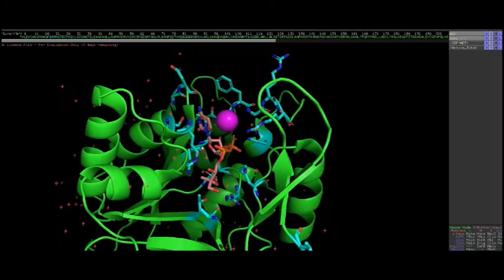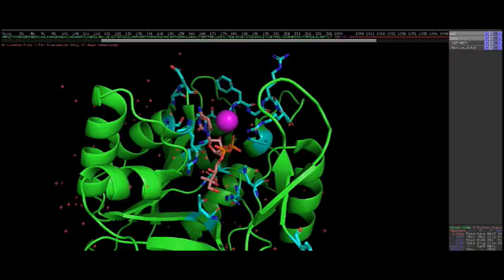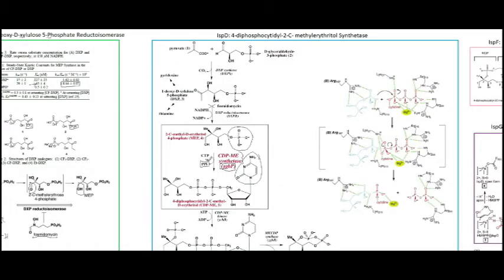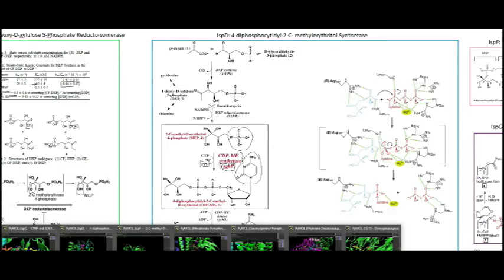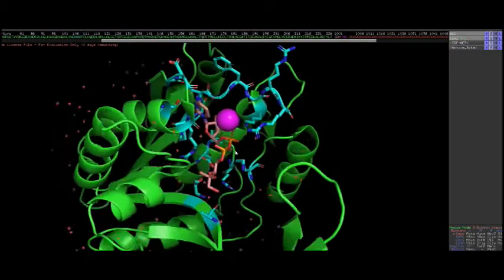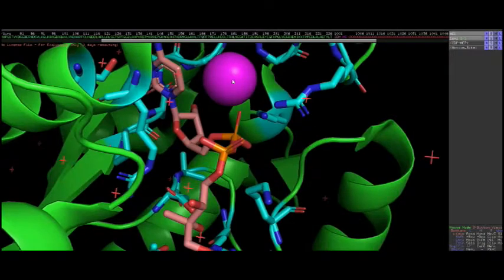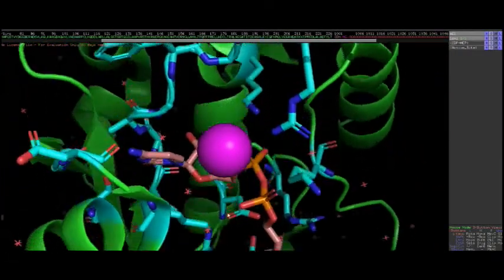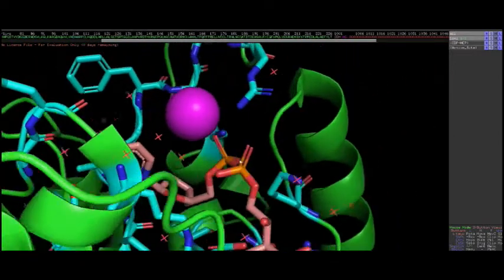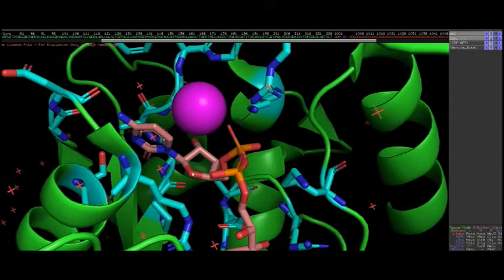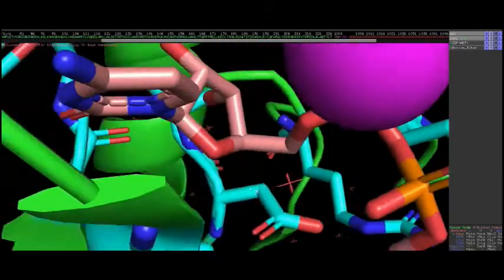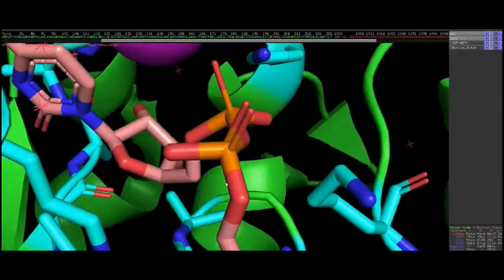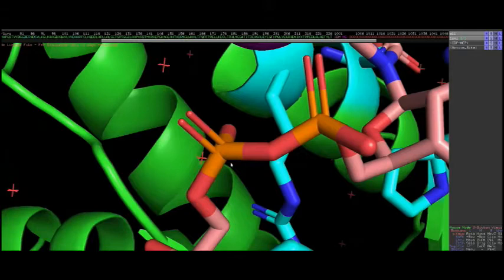We can look at the structure here real quick, and we see here that we have this magnesium. I pointed that out in the mechanism. We have this magnesium here in magenta, and what we have right here is our cytidine diphosphate.